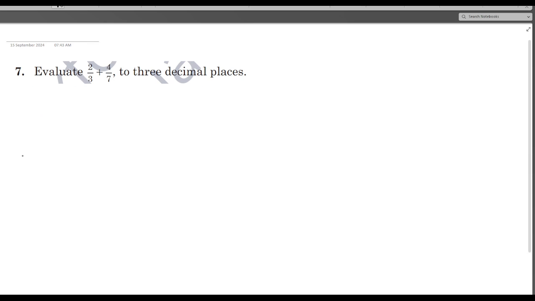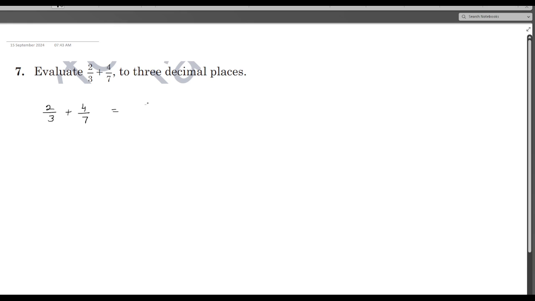Now evaluate 2 divided by 3 plus 4 divided by 7, to 3 decimal places. So here let us first write it as a single fraction. Here the LCM is 21.